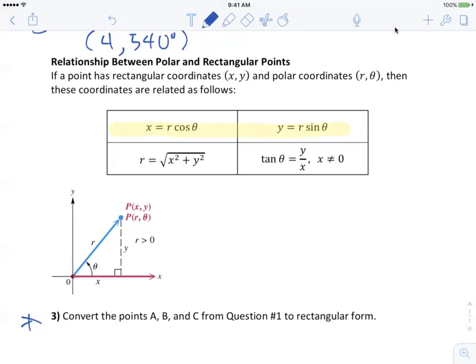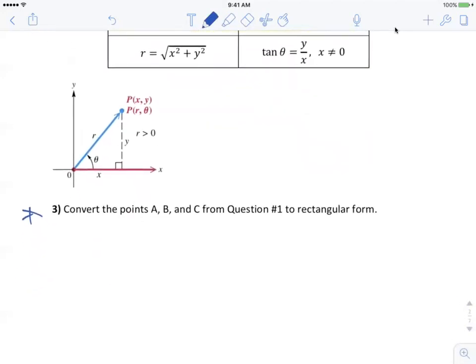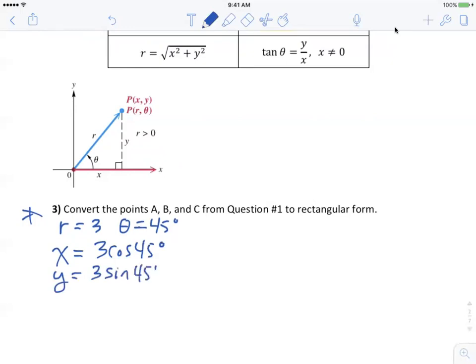Okay, so for point A, we had R was 3 and theta 45. So we can plug it into those formulas. So x is going to be r cosine theta, 3 cosine 45. And then y is 3 sine 45. And then now use your unit circle knowledge. Cosine of 45 is √2/2.